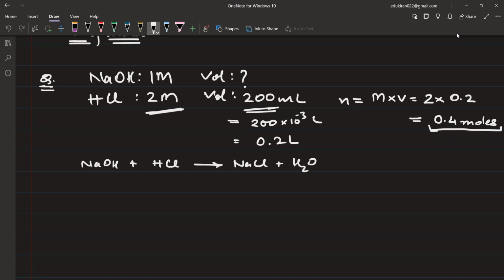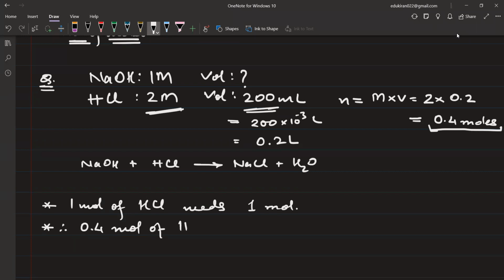So according to the reaction, 1 mole of HCl needs how many moles of NaOH? 1 mole. Very good. Then you will write, therefore, 0.4 mole of HCl needs how many moles of NaOH? 0.4. Very good, 0.4 moles, right?